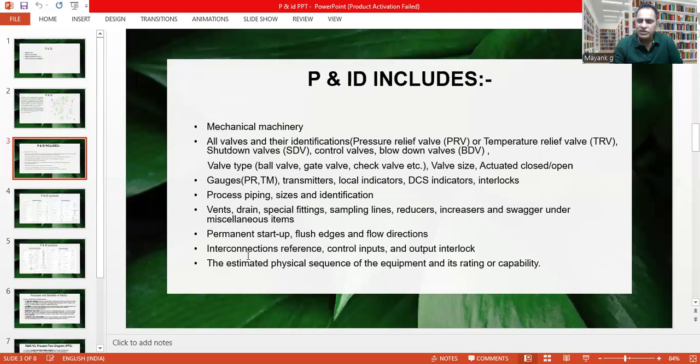Then any interconnection references, if there are certain interlocking between the two processes, then it will show what the control inputs are, what the output interlocks are, these kinds of information. Then the estimate of the physical sequence of the equipment and its rating and capability. Then it is very important that in any PNID, the equipment rating and its specification are also covered.